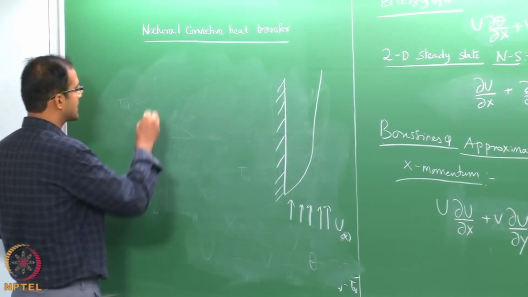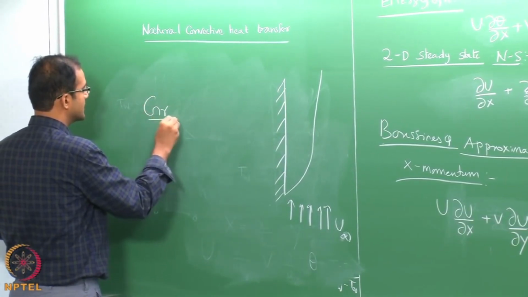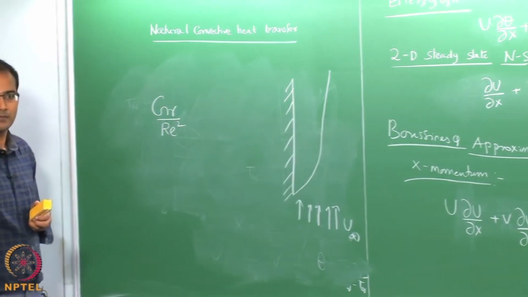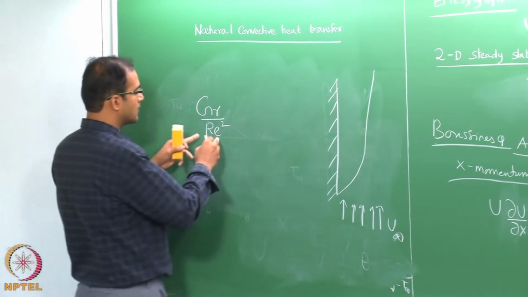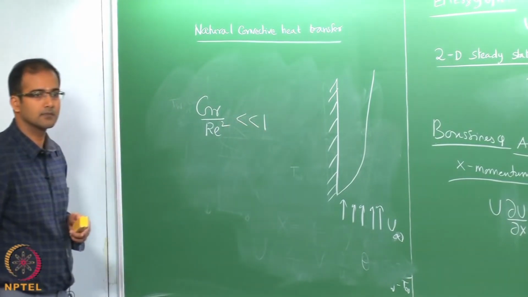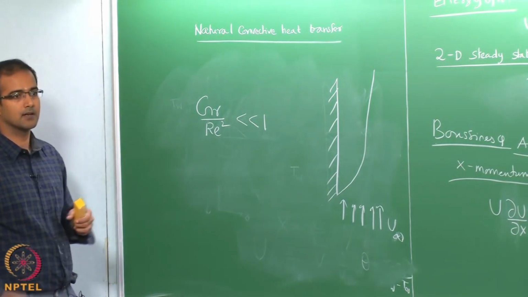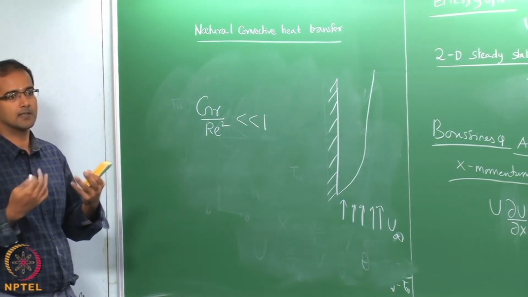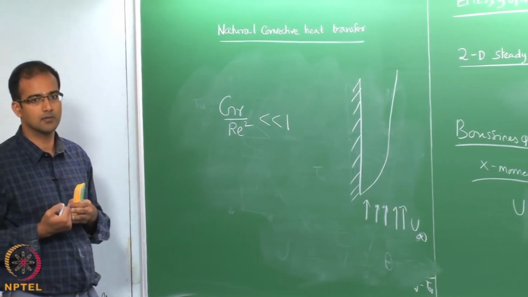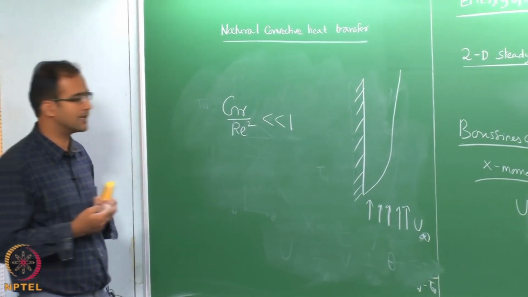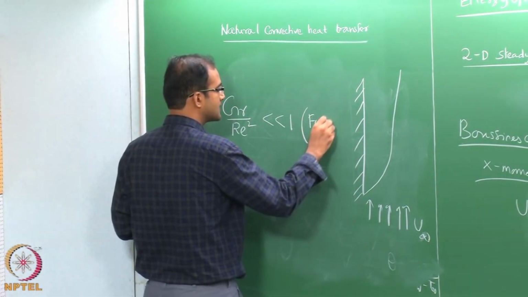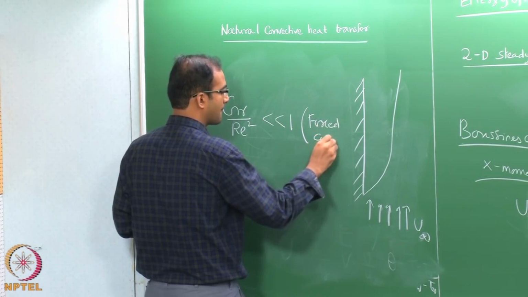Okay. So, what is important is how the different regimes are classified, and that is by the ratio of Grashof by Re square. Okay. So, if this value is much lesser than 1, that means your bulk velocity is now overpowering your buoyancy force. So, in that case you can ignore natural convection, and therefore, this is only pure forced convection.